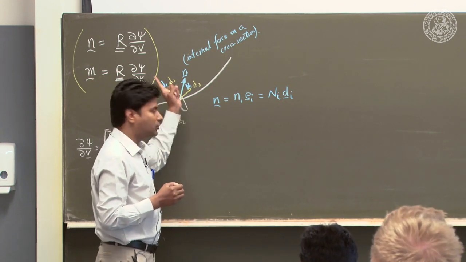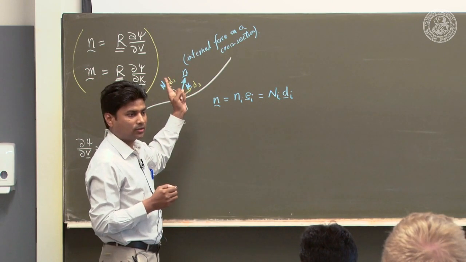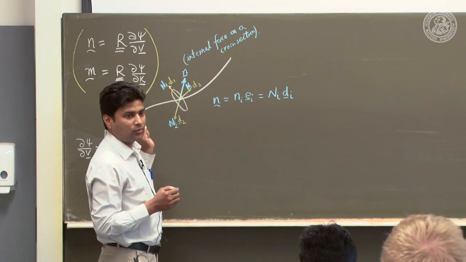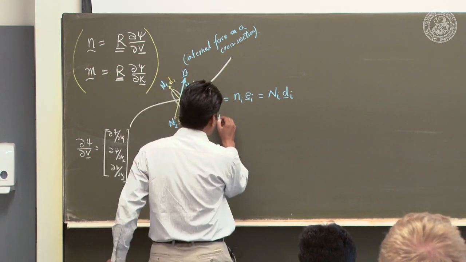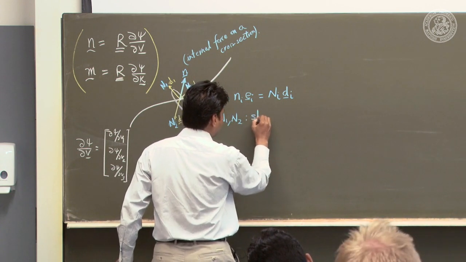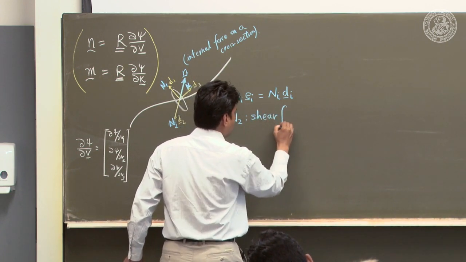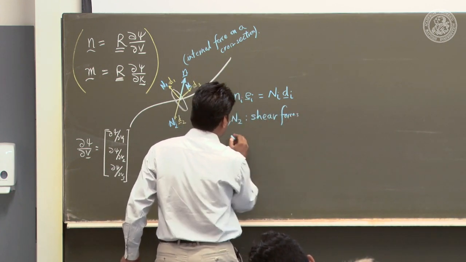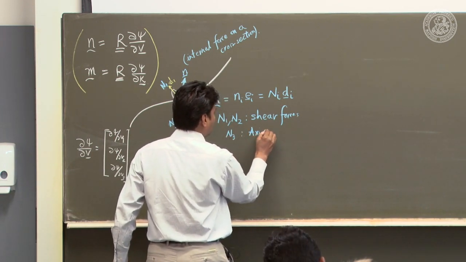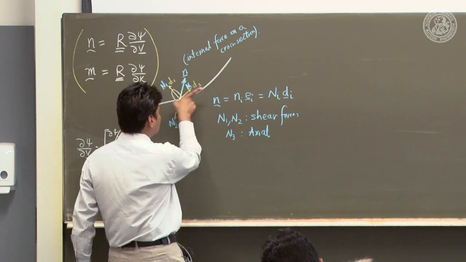Shear force along d1 because it's parallel to the cross section. Similarly, capital N2 is the shear force along d2. So N1 and N2 mean shear forces, whereas N3 is the axial force because it is parallel to the cross section normal.